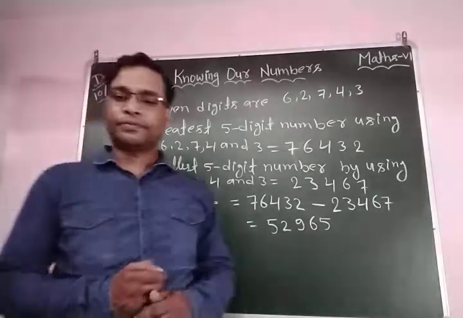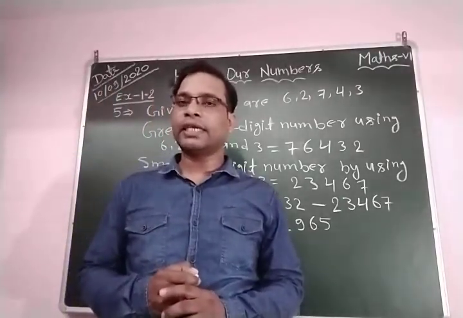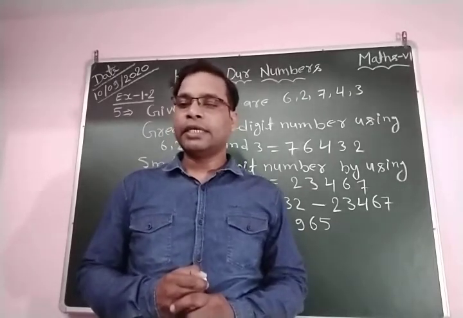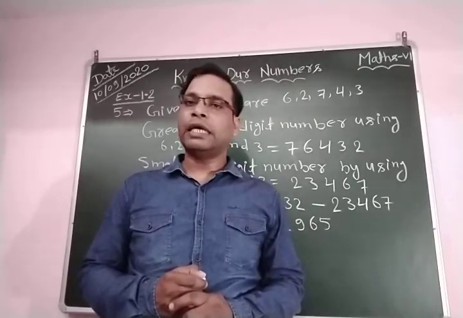In this question we are asked to find the difference between the greatest and the least 5-digit numbers that can be written using the digits 6, 2, 7, 4, 3.